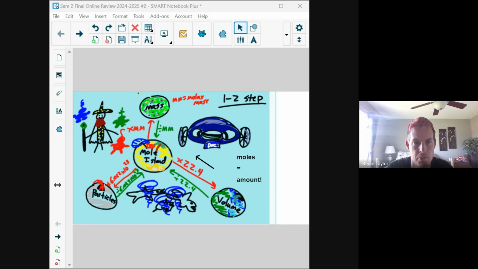And 44 is the molar mass. And that's how you use all of it.